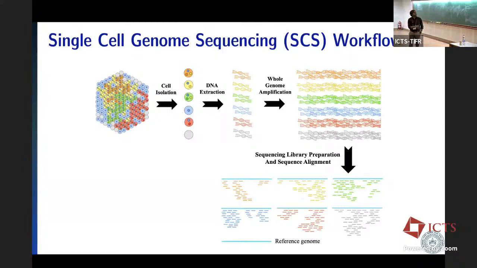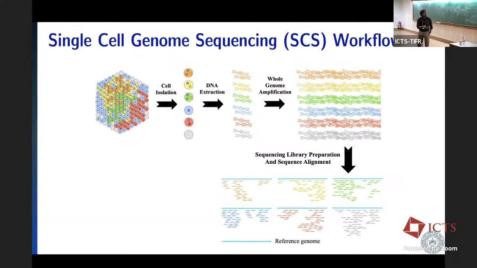So the DNA from these cells has to go through a step known as whole genome amplification. So you are replicating the available DNA material through different techniques. There are multiple different techniques for whole genome amplification to give you enough DNA so that you can prepare your sequencing library.